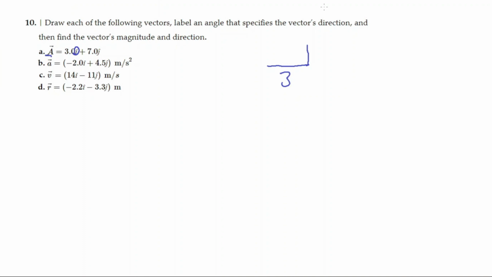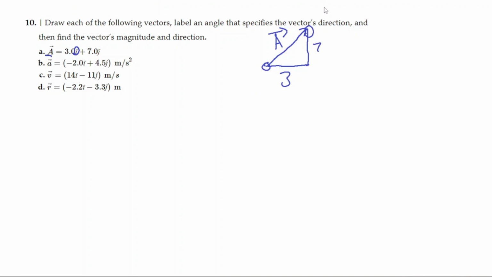And then it goes 7 up, because it's positive 7, and the j denotes the y component of 7 up. And that means that the magnitude would be connected by basically the end of the first vector to the end of the second. So this is going to be our vector A.